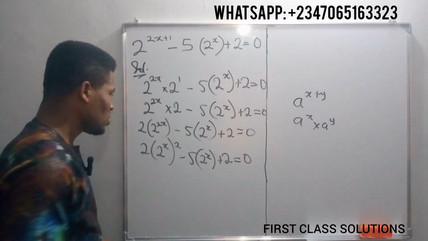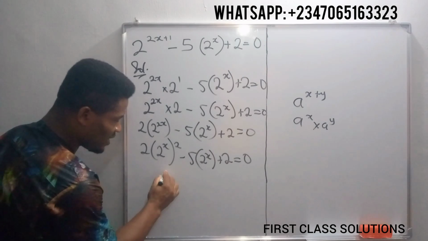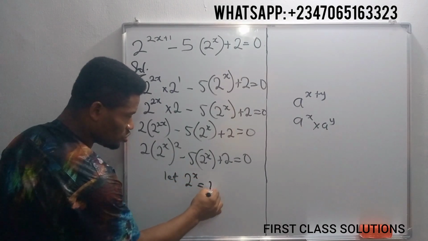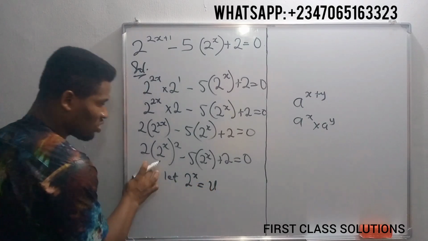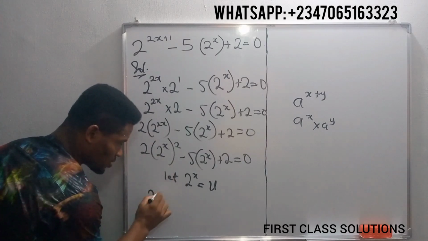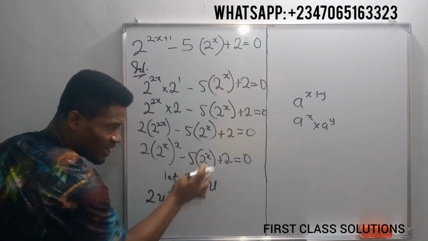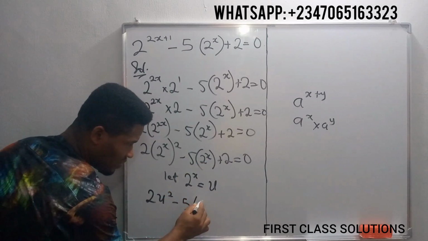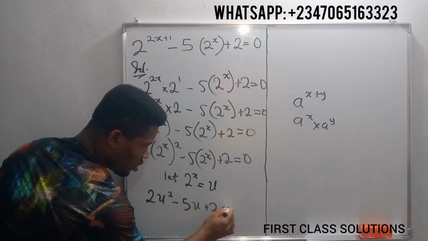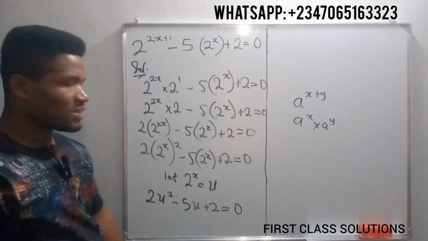To simplify this complex unknown, we say let 2 power x be equal to u. Which will mean that instead of 2 power x squared, we have 2u squared minus 5u plus 2 equals 0. So this is now a perfect quadratic equation.